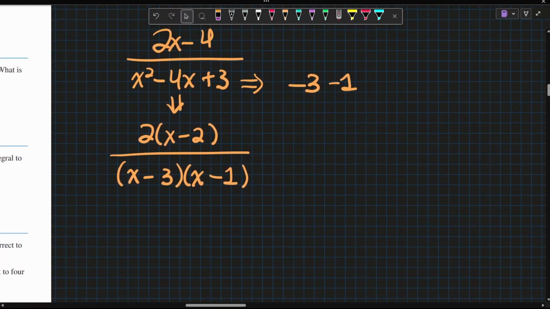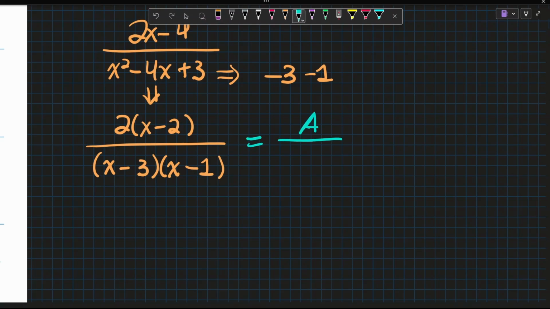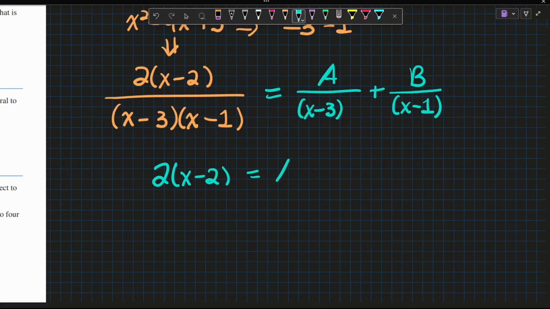Nothing really cancels out, but you can write this as is equal to a over x minus 3 plus b over x minus 1. So we're attempting to find a and b. We'll multiply both sides by this denominator. We get that 2 times x minus 2 is equal to a times x minus 1 plus b times x minus 3.